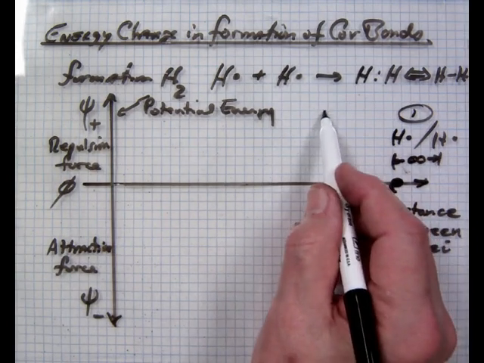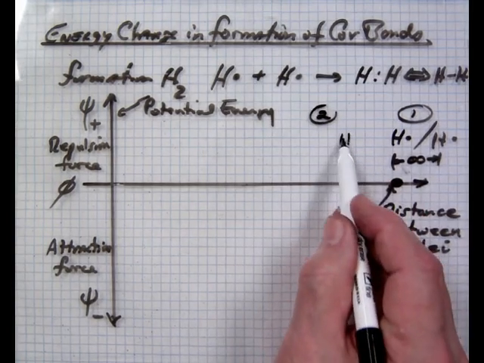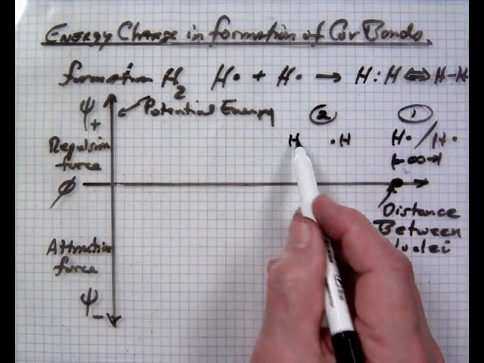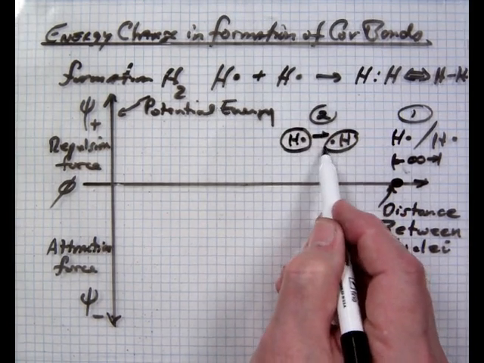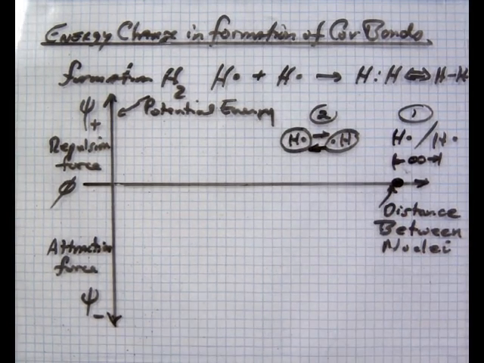Now, as step 2, the hydrogens, say here and here, begin to attract one another. Even though they're distant apart, as one influences the other, the nucleus of one begins to attract the electron cloud of another, and the nucleus of the second one attracts the electron cloud of the first one.